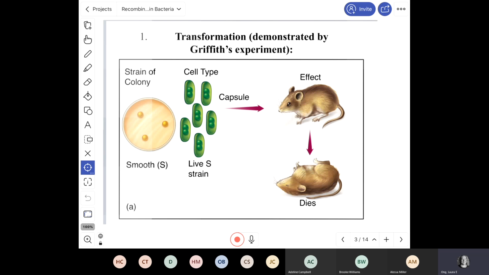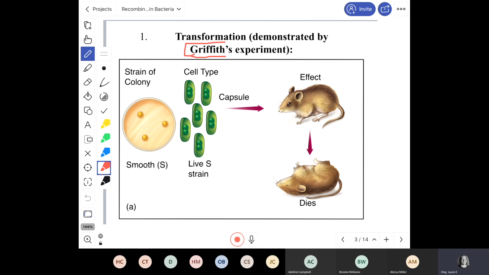So the first method, the first type of way that bacteria can share genes, is called transformation. And this is a really famous experiment in biology that was headed up by a man named Griffith.